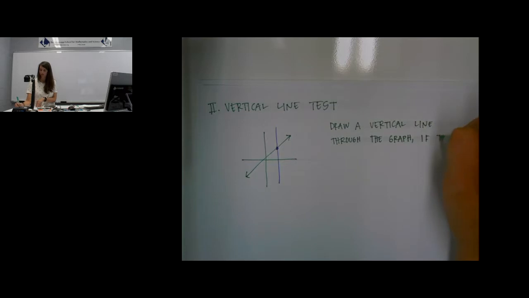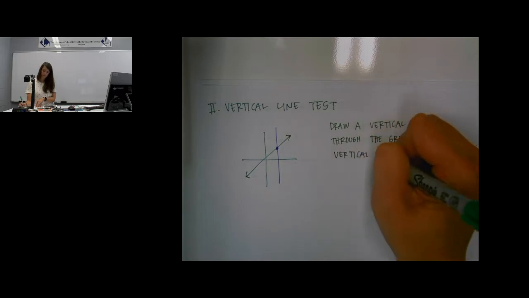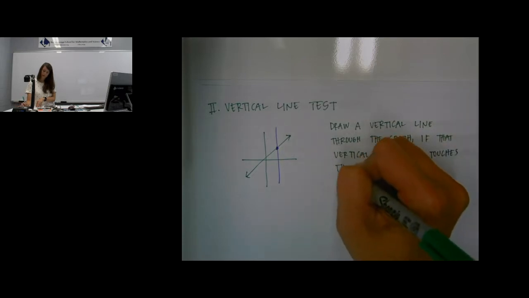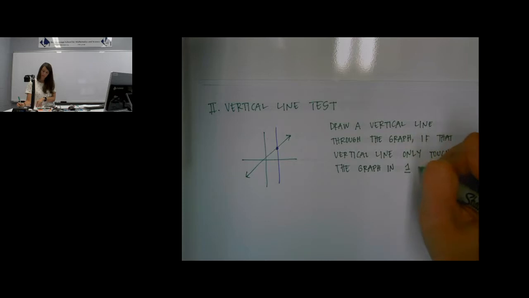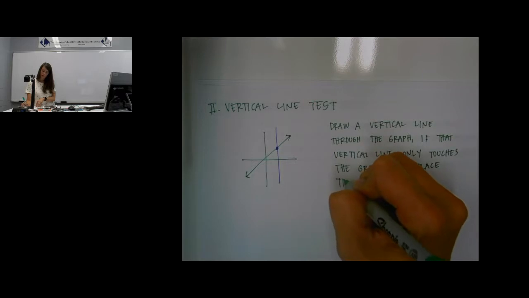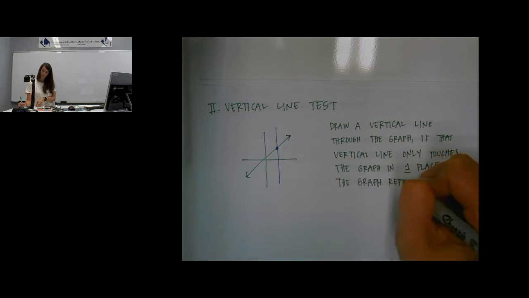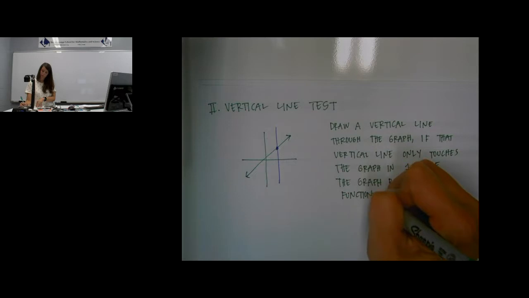If that vertical line only touches the graph in one place, the graph represents a function.